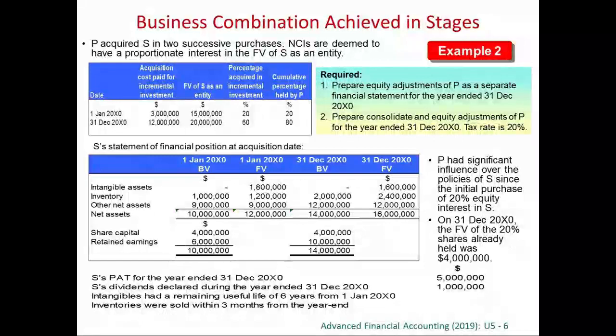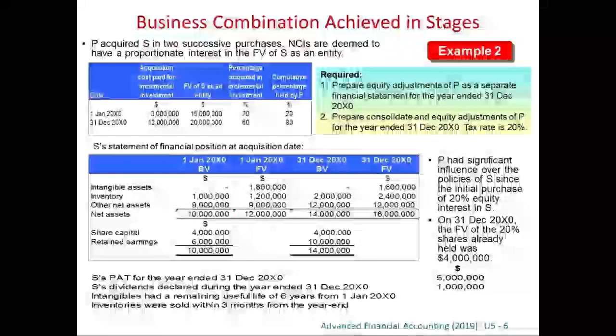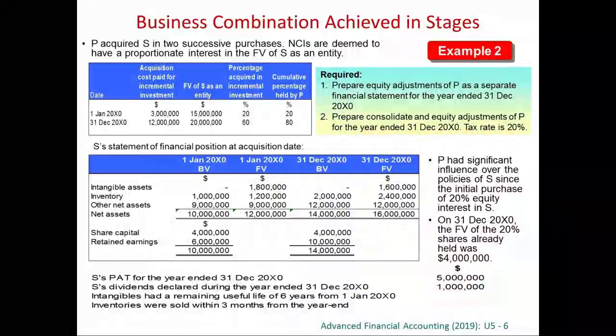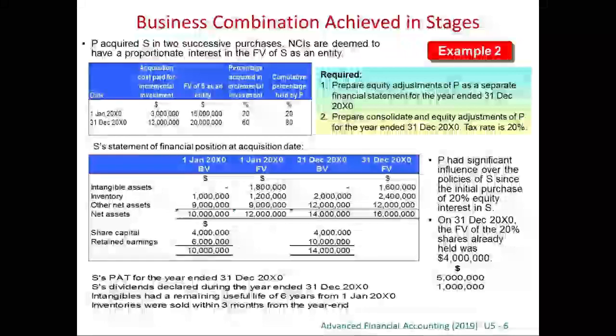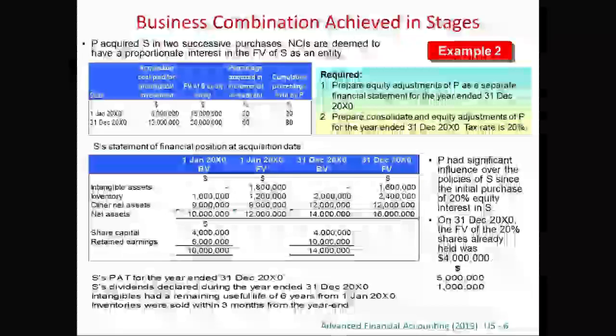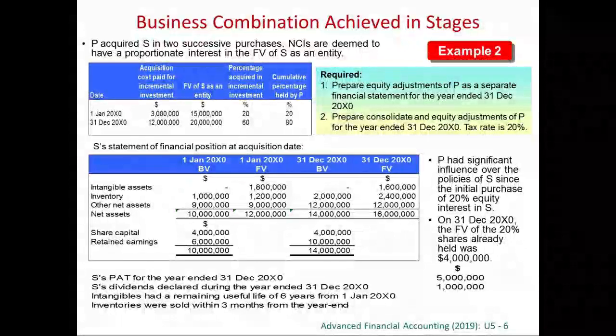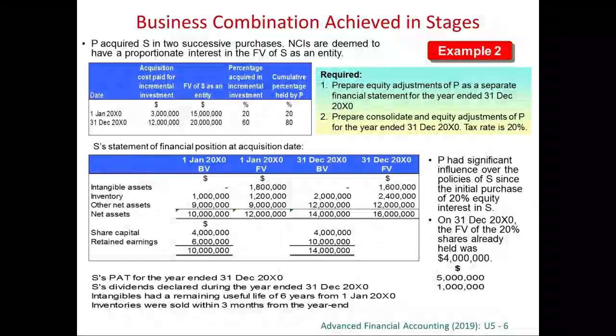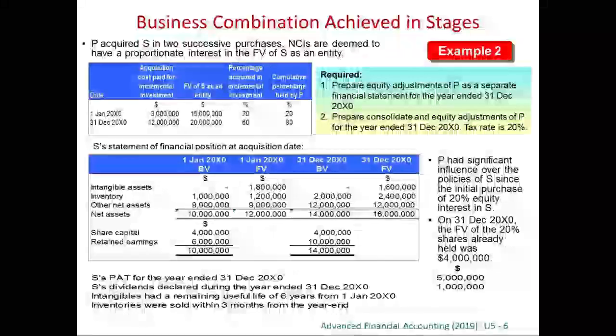And for the inventory, the fair value is $1.2 million, while the book value is only $1 million. So for intangible assets and for the inventory, there has been a fair value adjustments component. But because this is an associate, there's no separate accounting entry for it. So we use equity method.